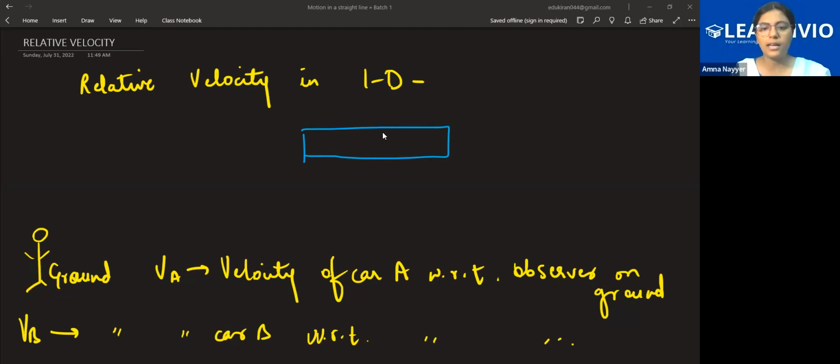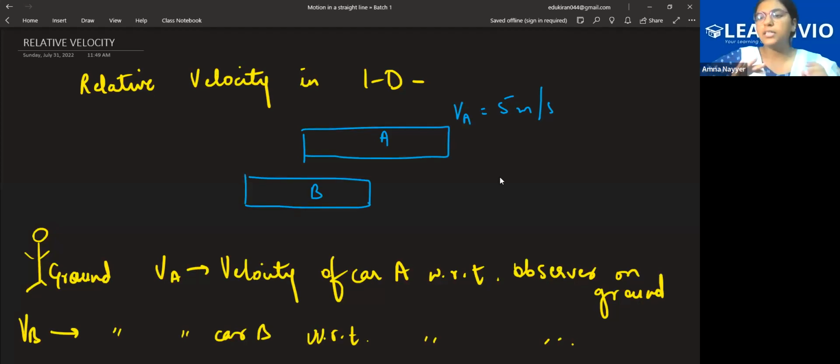Suppose there is one car, this is A. And there is one more car, B. When I say velocity of car A is 5 meter per second, that means it's the absolute velocity, just the sole velocity of the car.